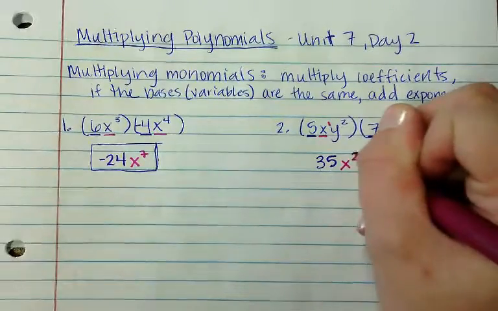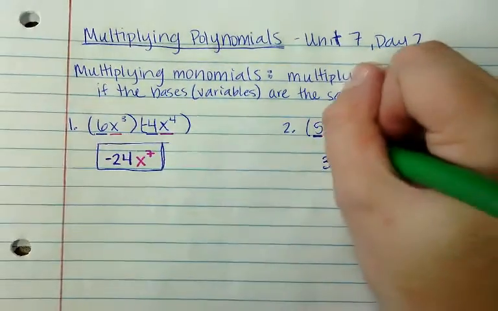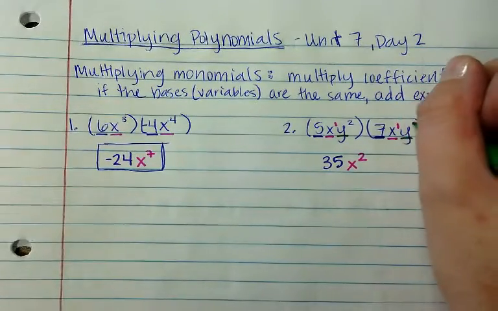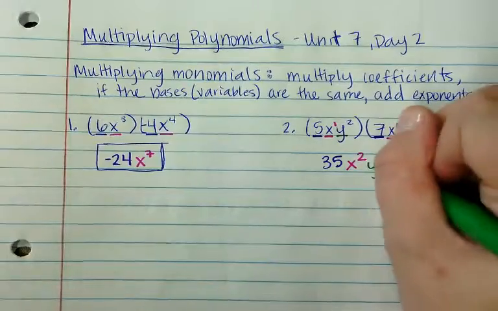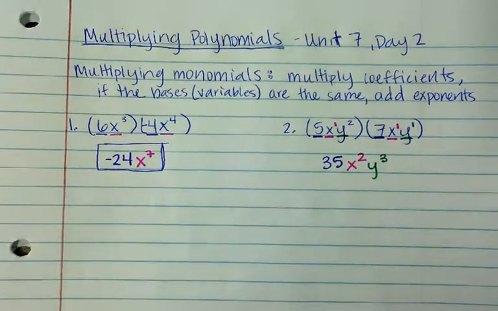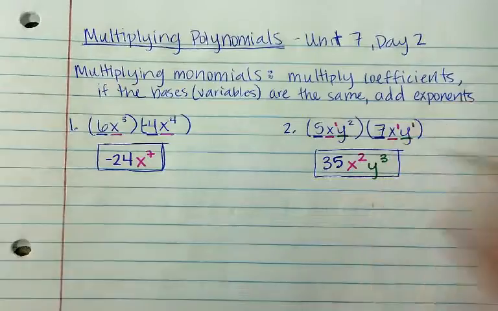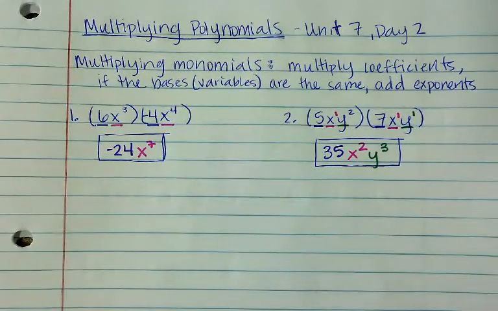X squared. All right? And then we'll go here. We will have y squared times y to the 1, and that would give us y cubed. All right? So you multiply those coefficients, and then you add the exponents together. Do y'all feel pretty good about this? Is this a good refresher on what we did before Christmas? I hope so. All right?